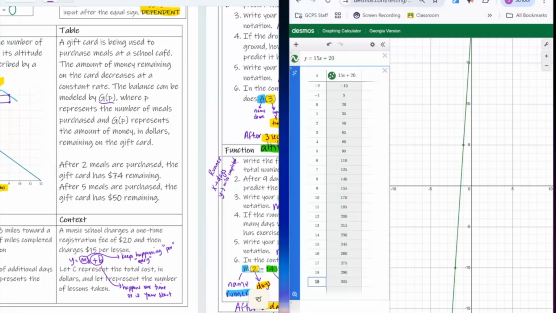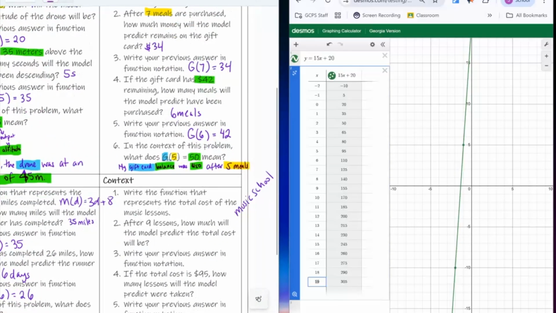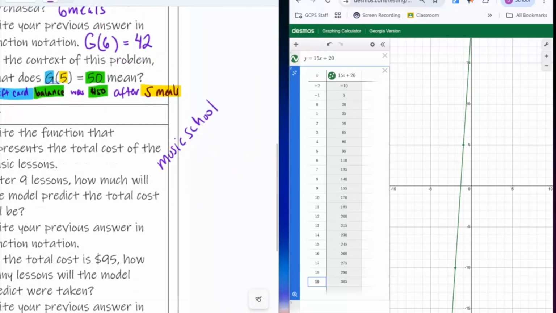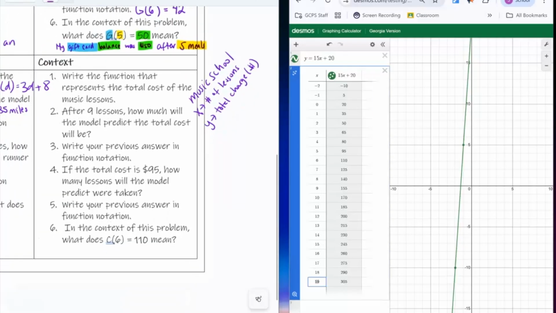So X is the number of lessons. And Y, because this is a charge, is I guess a total charge, and that's going to be in dollars. Okay, so I write down my 3 things so that I don't have to keep looking.